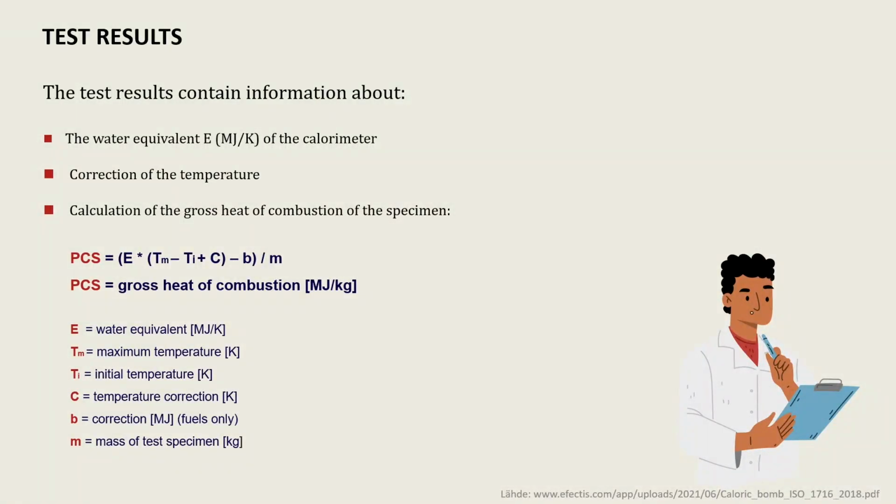The calculation of the gross heat of combustion of the specimen is determined using this equation. The correction of the temperature is required by the exchange of heat with the exterior.